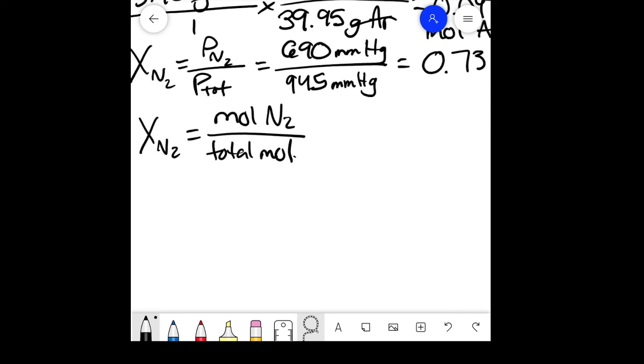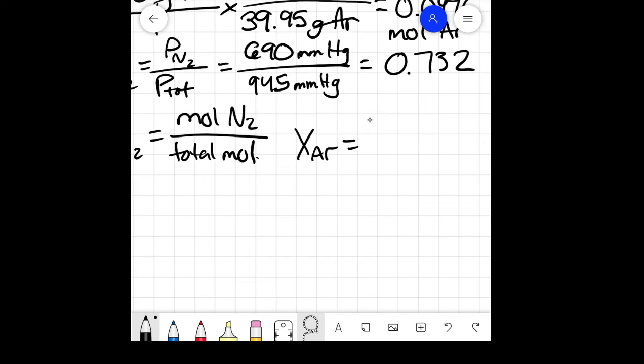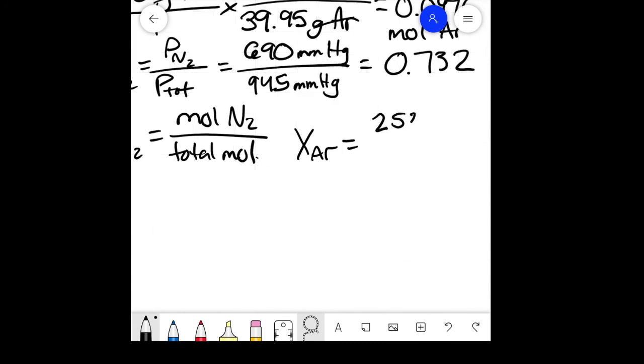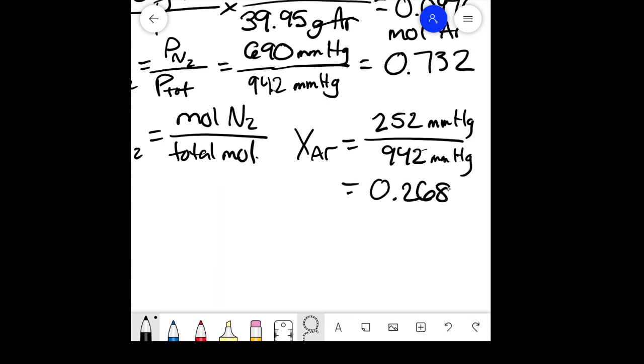So we can say the mole ratio of argon equals argon's partial over the total. Great. Okay. And that equals 0.268.